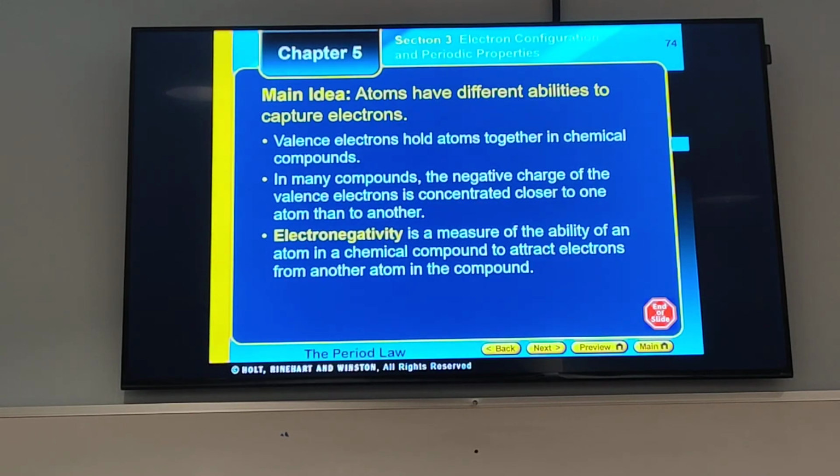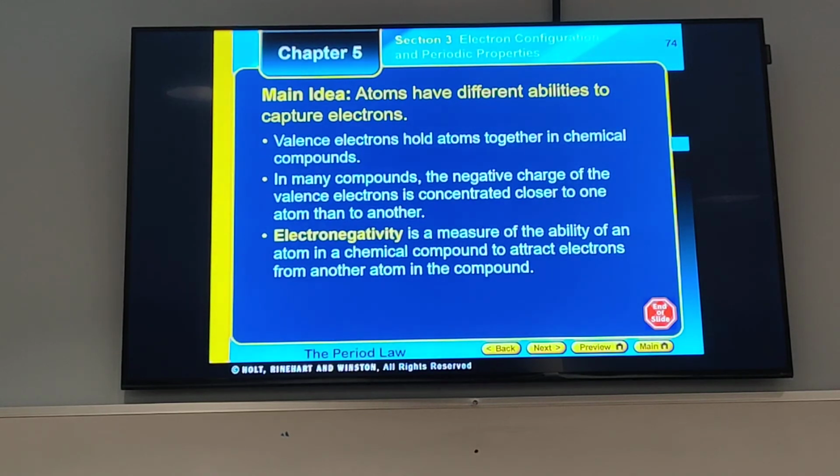Mine says 3.98. Is that what yours has? Sometimes we round it off to 4.0, but 3.98. So that has the highest electronegativity. That means it's a measure of the ability to attract electrons. Fluorine has the highest ability to attract additional electrons, which it needs to become a noble gas configuration, right?